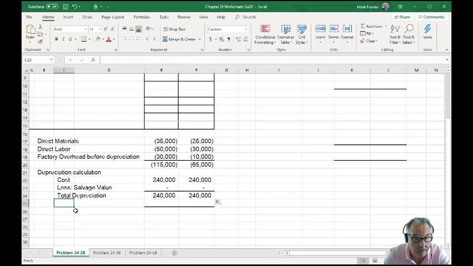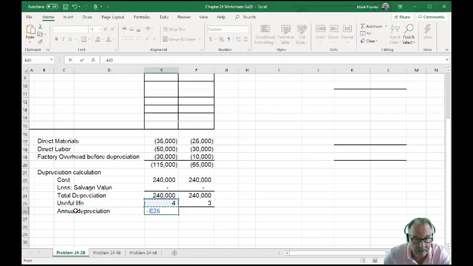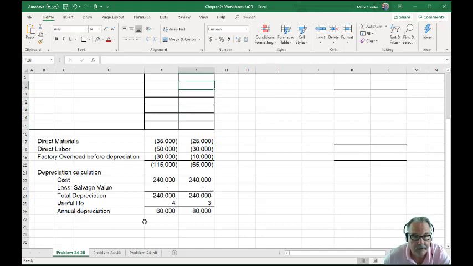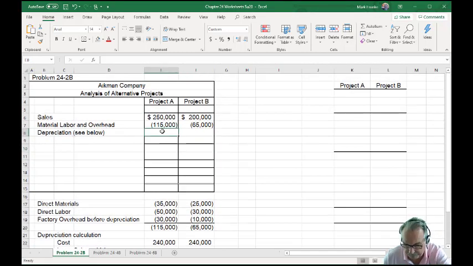There are two different useful lives: 4 years for Project A and 3 years for Project B. So the annual depreciation for A is 60,000 and for B is 80,000. And I'll tie that in up above here.